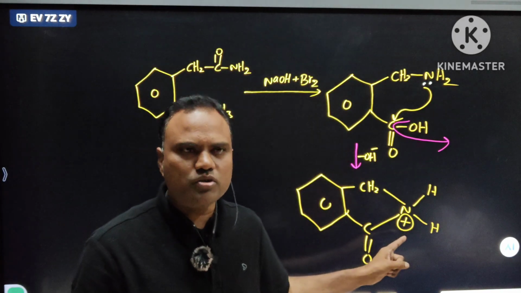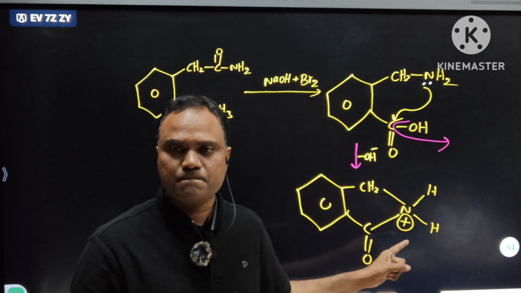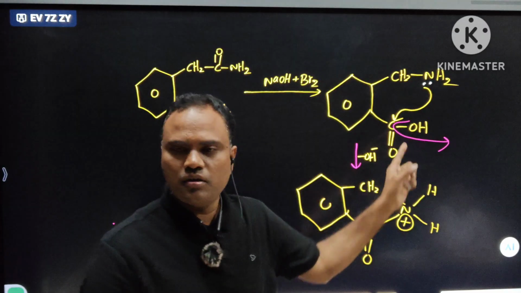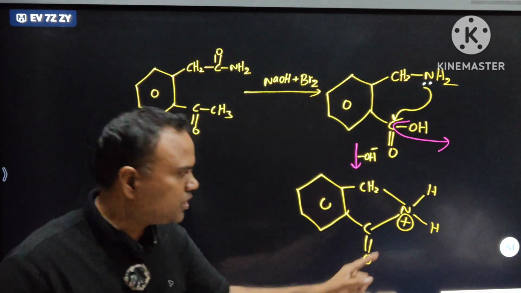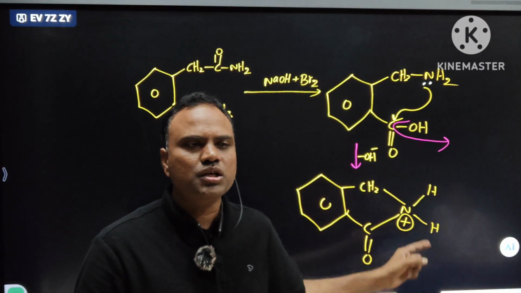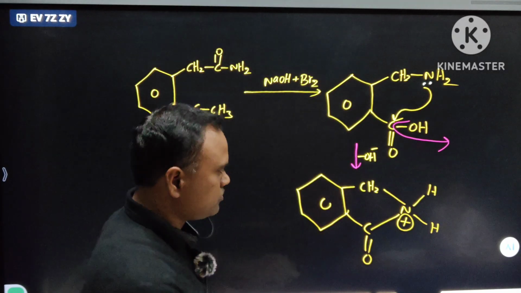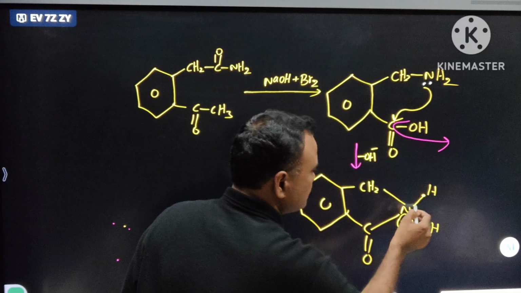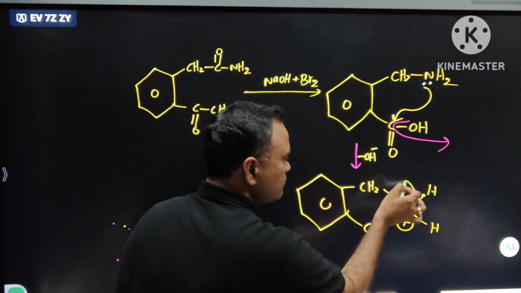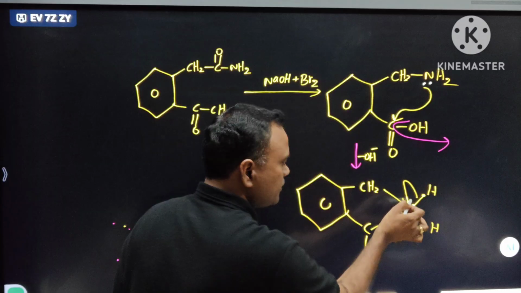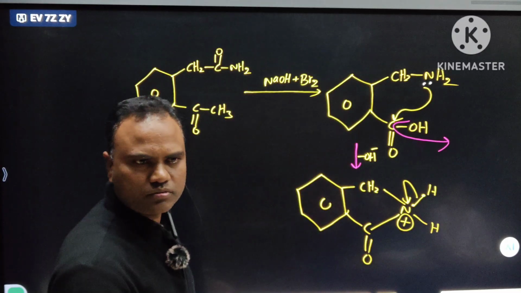Why is nitrogen getting positive charge? Because nitrogen is giving its pair of electrons. Okay? But nitrogen with positive charge is unstable. So this hydrogen leaves. One hydrogen leaves by losing its bonded electrons here only, giving the bonded electrons to nitrogen.